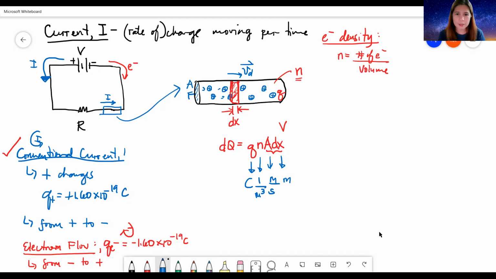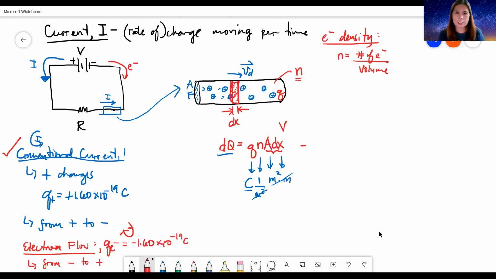I'm sorry, that's wrong. Area is just meter, so area is square meter. So cubic meter divided by cubic meter, we have coulomb as the unit of Q. So we're correct. Let's continue.